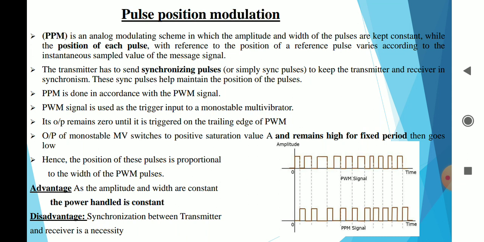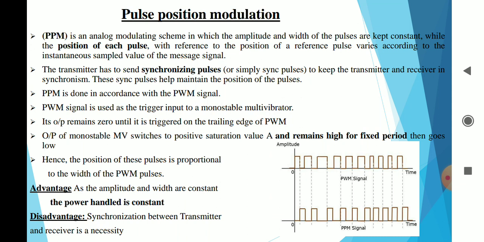One of the edges is kept as the synchronizing pulse. For example, in the given diagram we have drawn the PPM signal with respect to the trailing edge of the PWM signal.